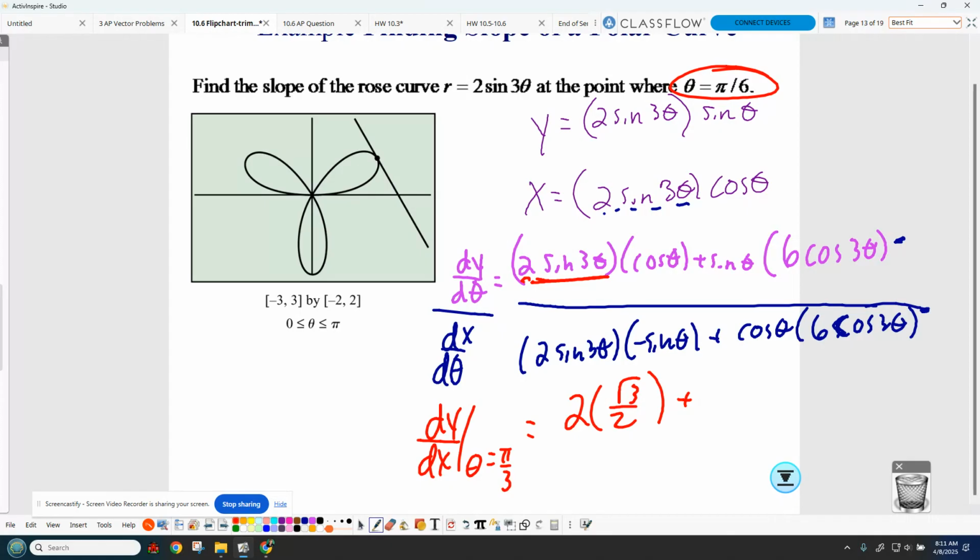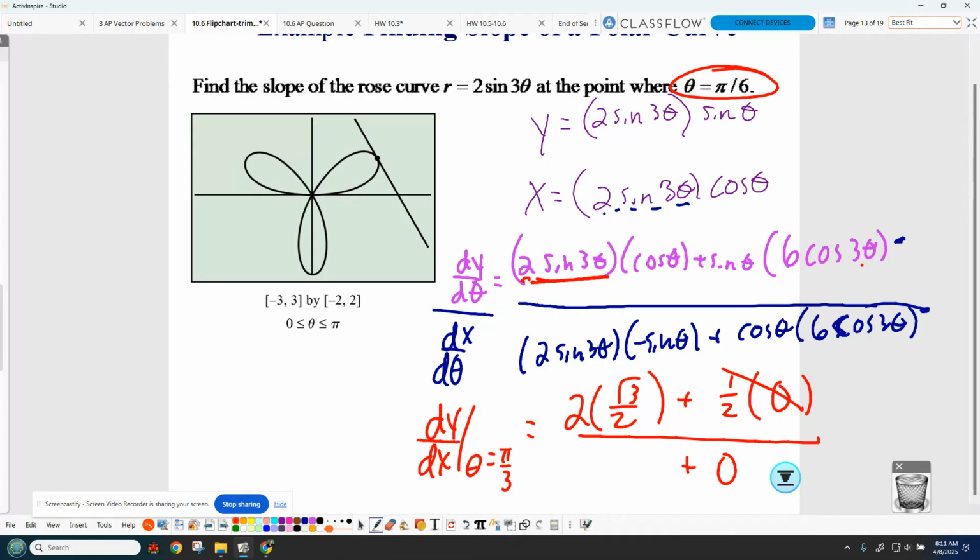Sine of pi over 6. Ooh, this was a good one. Could you take out the 2? Doesn't help me. You could cancel it though. And here, cosine of 3 times pi over 6, so cosine of pi over 2 is 0. So down here, this second thing is also going to be a 0.